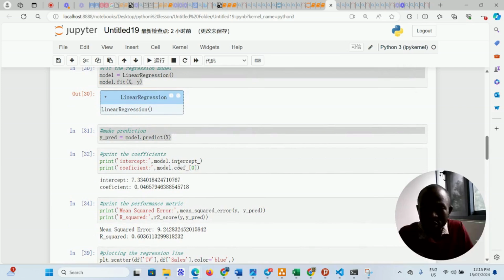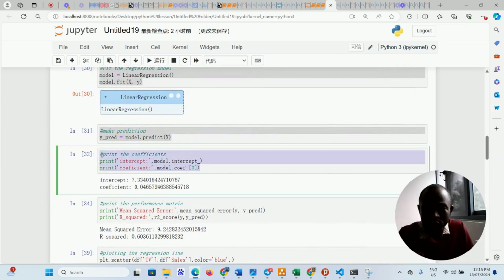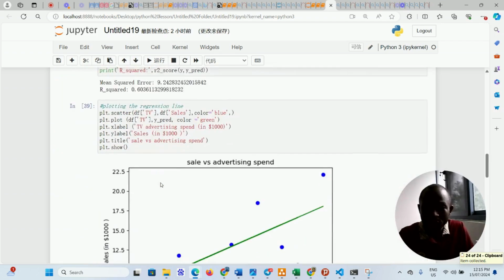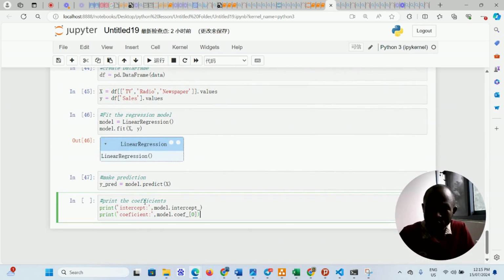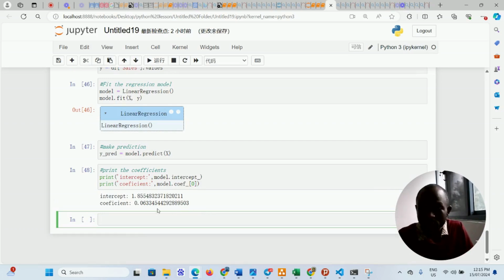Now after we did that, we have to print the coefficients, the various coefficients. So you will see the difference. We are going to compare these coefficients with the new ones that we are going to predict. Now when we look at the intercept, it is 1.855 and the coefficient is 0.06.